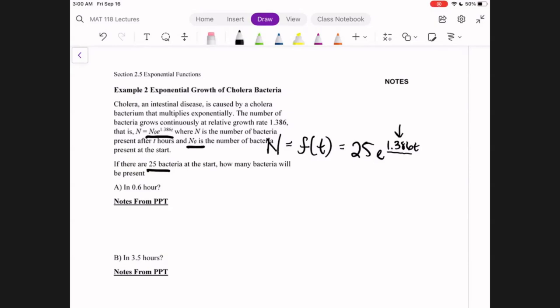So then if I want to know how many bacteria are present in 0.6 hours, what am I going to do? For T, I'm going to plug in that, and you just simplify that. So you can get your calculator, just type this in, see what you get. So this would be 57.42.